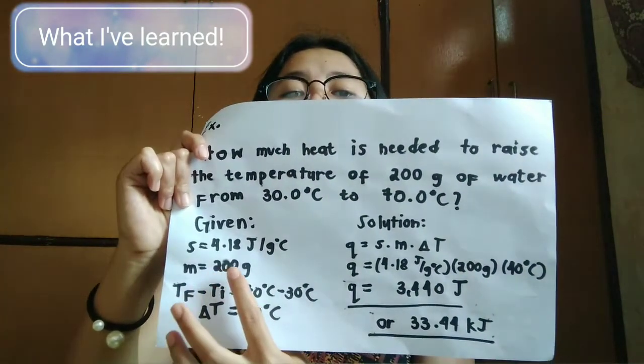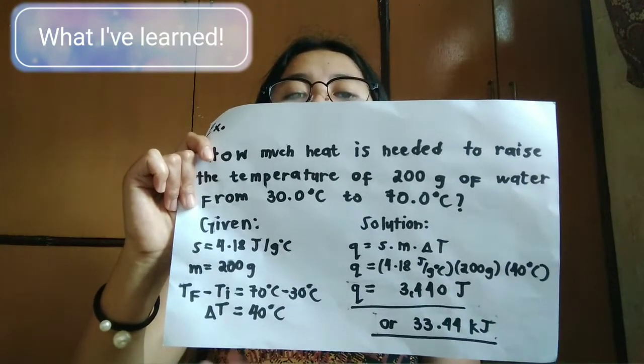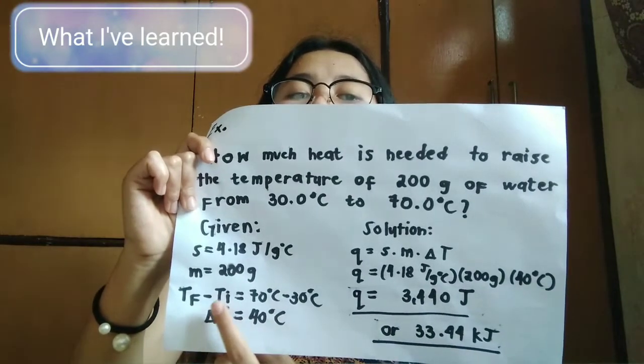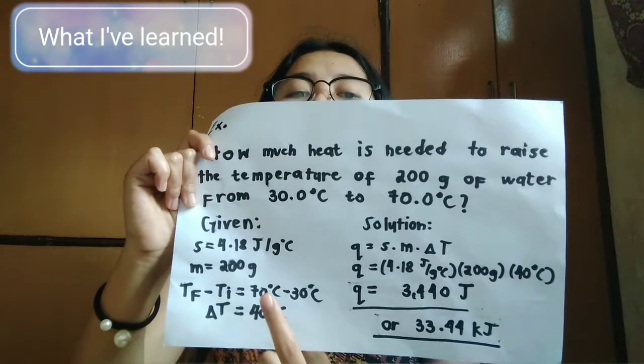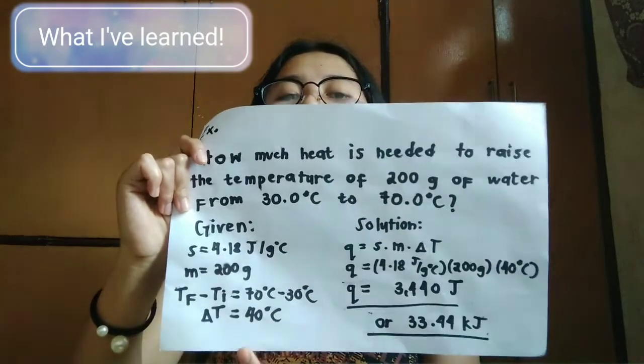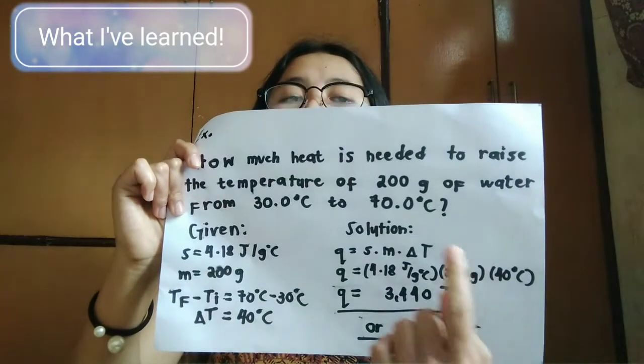Mass is equal to 200 grams. For the change in temperature, we subtract the initial temperature from the final temperature: 70 degrees Celsius minus 30 degrees Celsius. So the change in temperature is equal to 40 degrees Celsius.